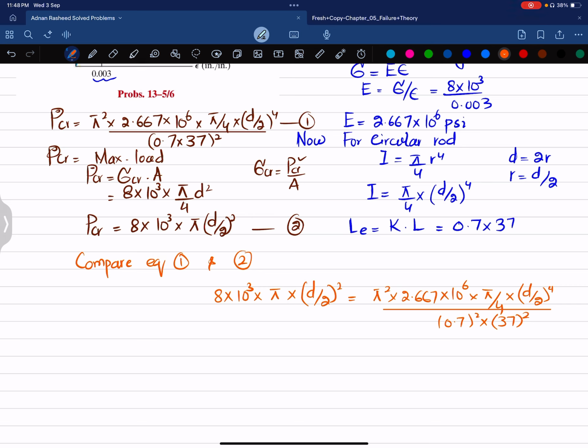Okay, this pi will cancel with this pi, and this d by 2 will cancel, so here we will be left with power 2.